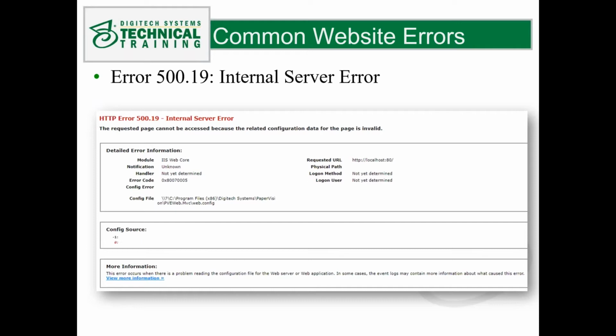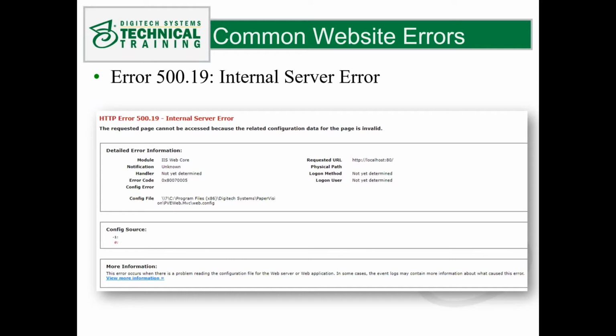But if you'll notice, this 500.19 error has the config error line blank. So if you see this one and it doesn't specifically state it's a permissions issue, this one can be very hard to troubleshoot just because it doesn't give you a lot of information.